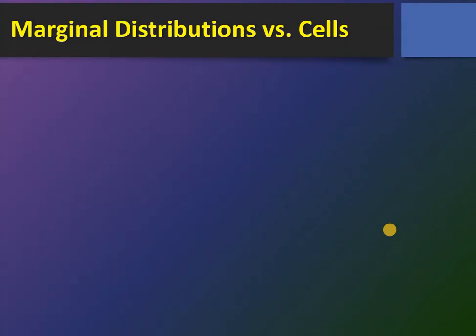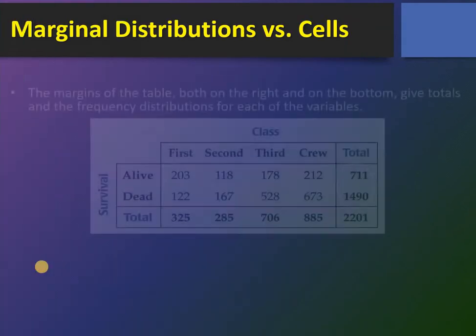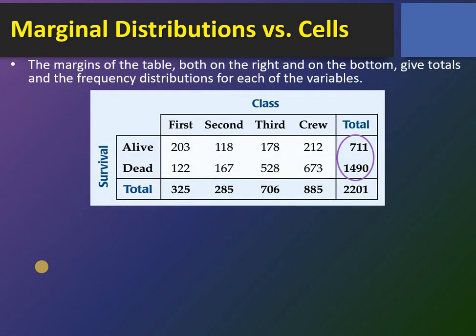Now, in contingency tables, we like to kind of break it down a little bit more carefully. And we have margins. Where are the margins on your paper? On the sides, right? Marginal distribution are the sides. Here's the marginal distribution for that category. It tells me how this category was overall broken down. So of the alive, I had 711, and of the dead, I had 1,490.